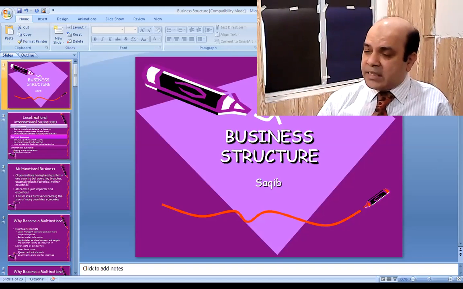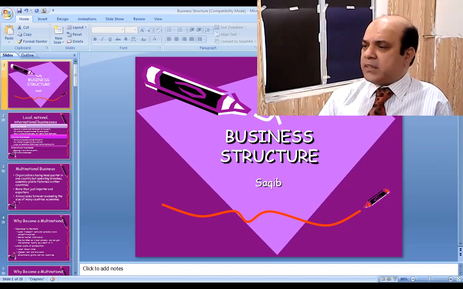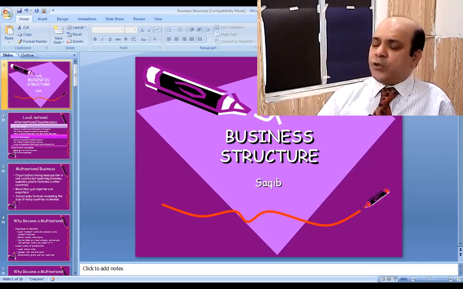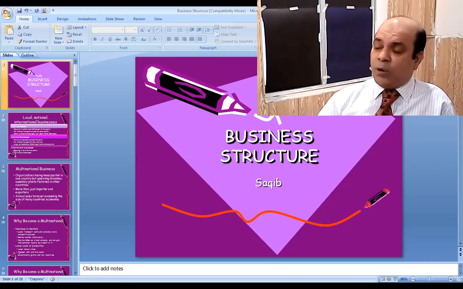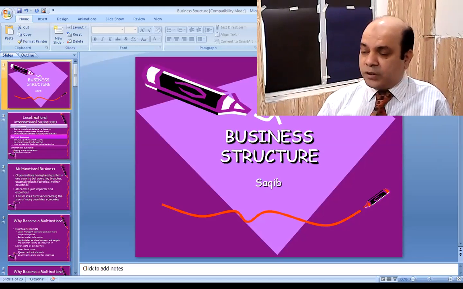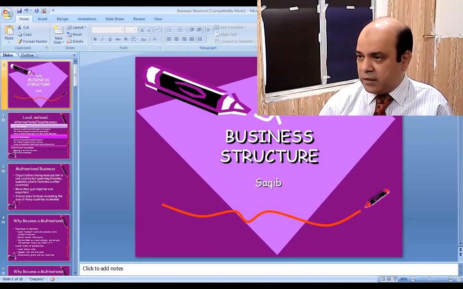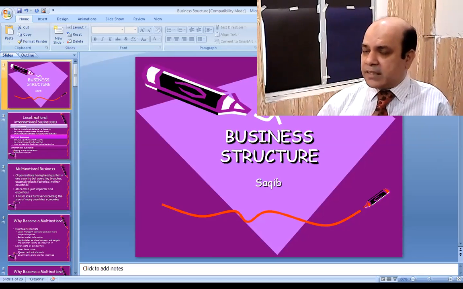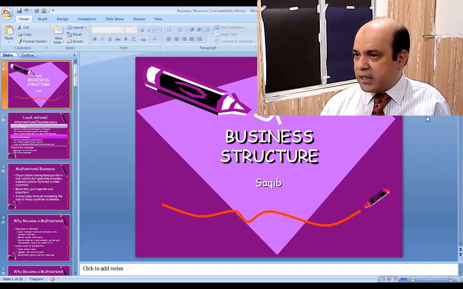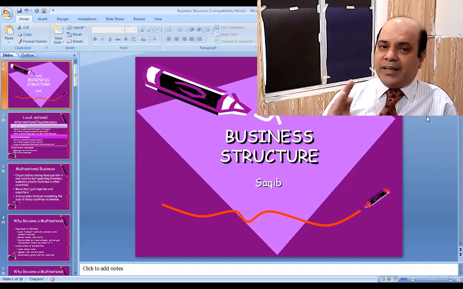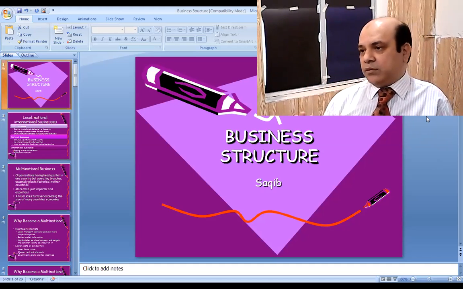It means that the plans must not be the same. Any student can have any plan, but that must be a workable plan. So there is no absolute plan in business study or in case analysis, but you must have sound arguments behind that workable plan. Then that is successful. That is applicable.